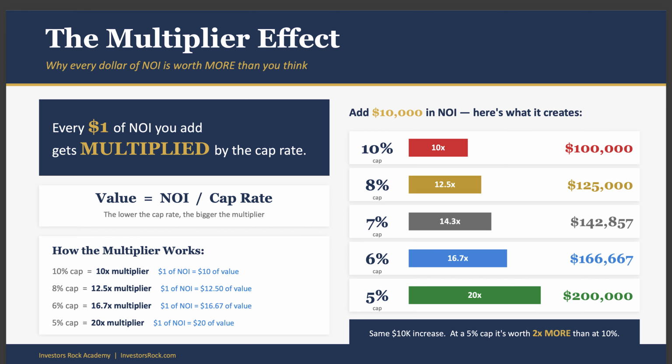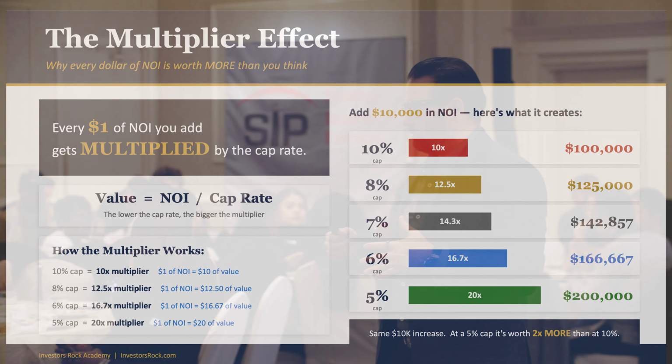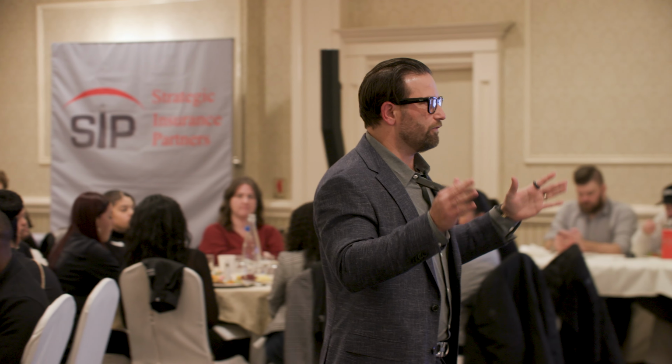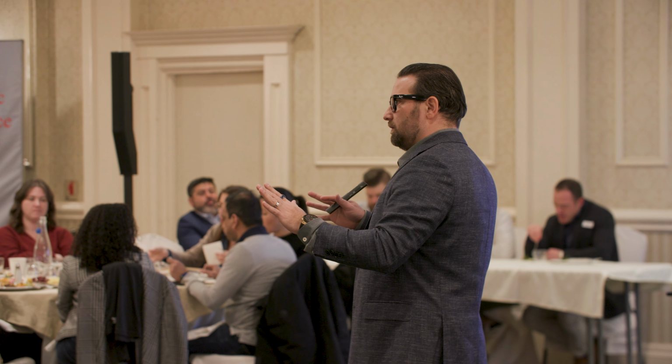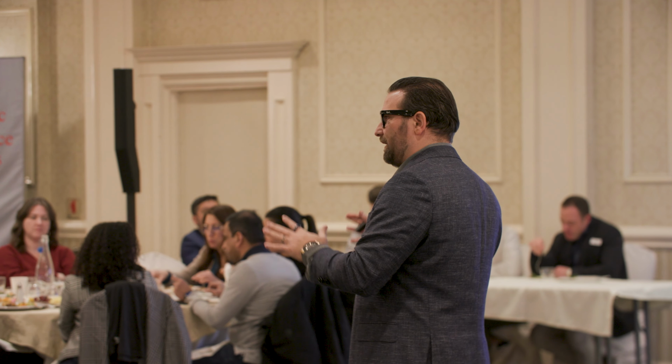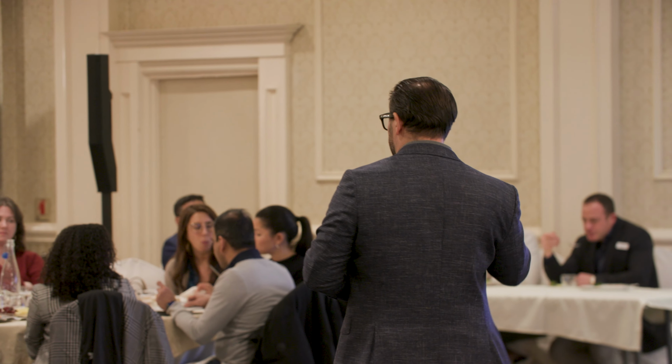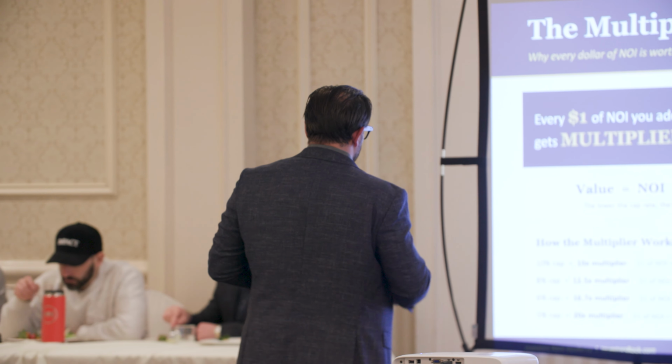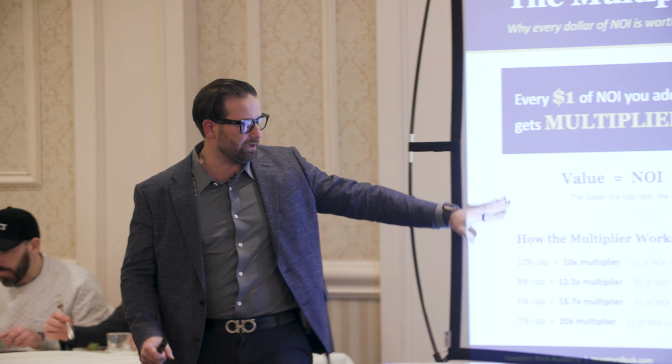Why? Because somebody's willing to trade $100,000 for $10,000. So if you add $10,000, you just added $100,000 in forced appreciation. Does everybody understand this? So your first step in commercial real estate is to add to the net operating income by reducing the expenses and adding more income, okay? Whether that's raising rents, etc. This is the multiplier right here.